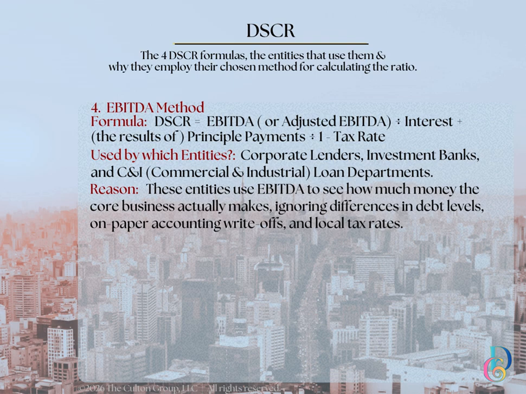Those last two things, the depreciation and the local tax rates, can cause distortions, because the tax rate in Florida is going to be different than the tax rate in California. All right, so we will get more into that as we get into the calculation.